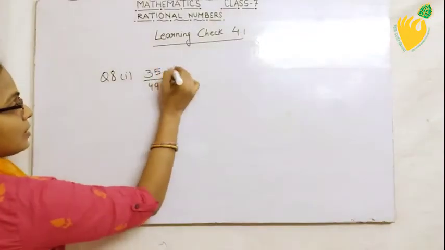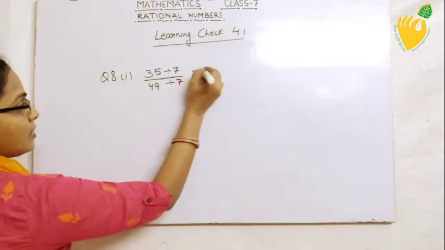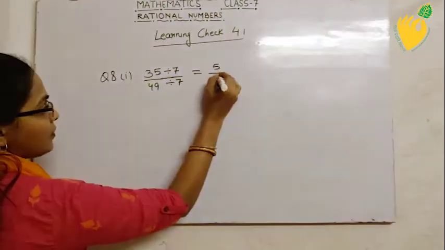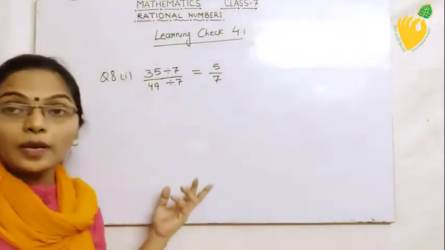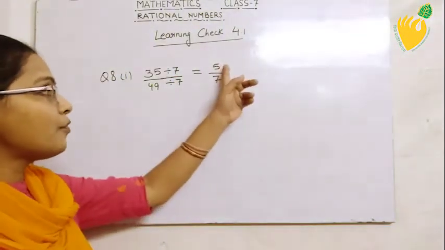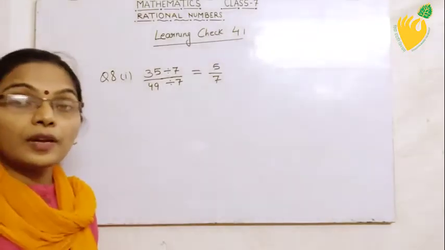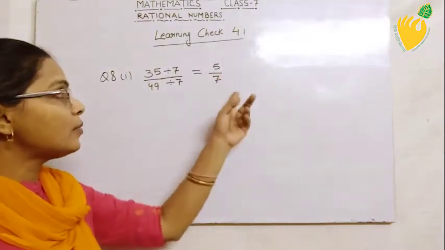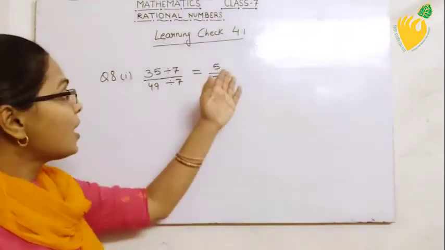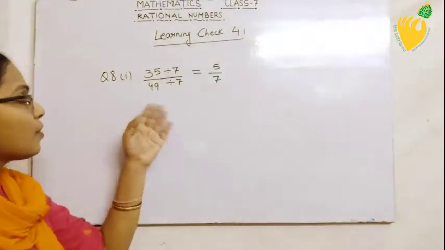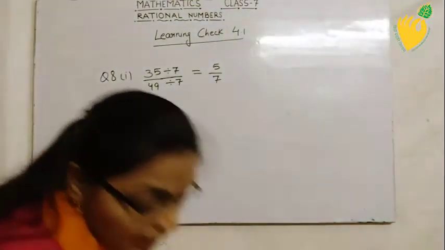That common number is, students, 7. 7 fives are 35 and 7 sevens are 49. Can we further divide these two numbers by a common number? No. The factors of 5 are 5 and 1 and the factors of 7 are 7 and 1. So there is only one common factor between them, that is 1. So 5 upon 7 is the simplest form, or you can say standard form, of 35 upon 49.